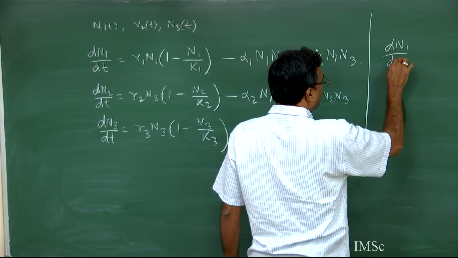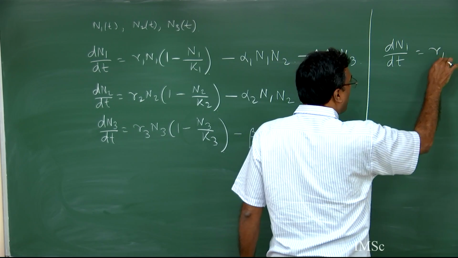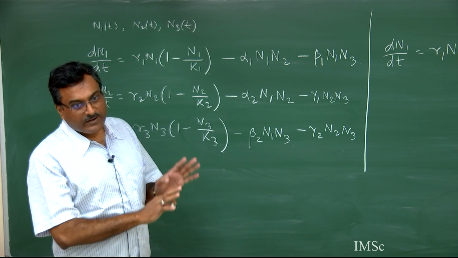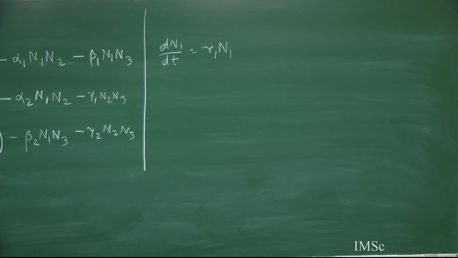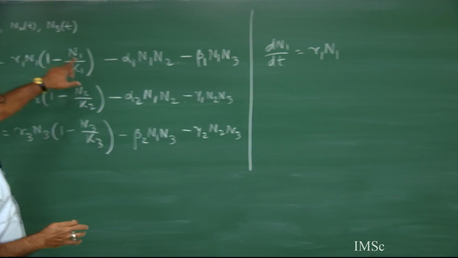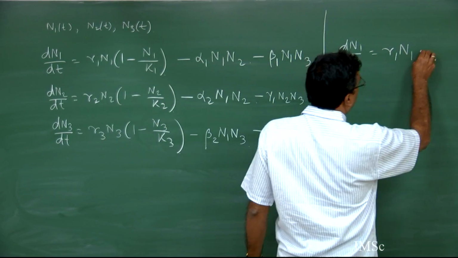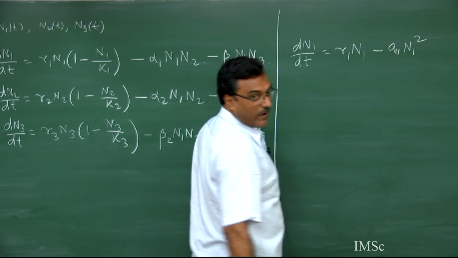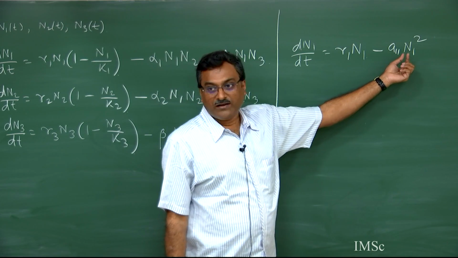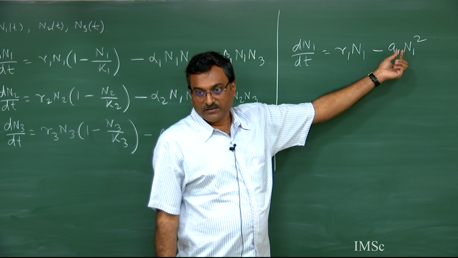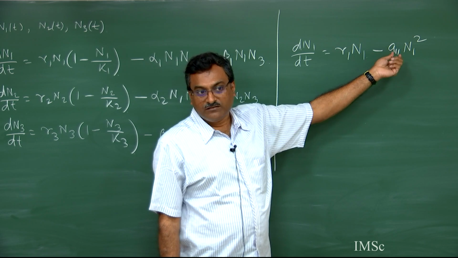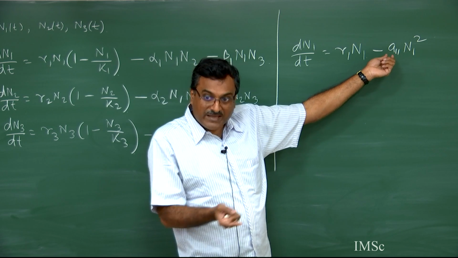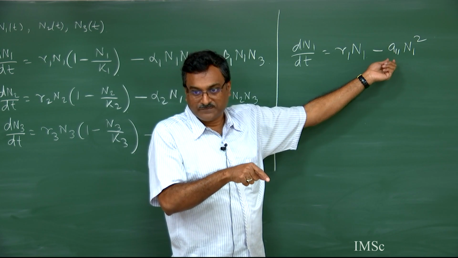So, this equation can be converted as dn1/dt equal to r1 n1. Without loss of generality, we are writing r1 n1 here. Then this term can be modified as minus a11 n1 squared. This represents the strength of competition between individuals of species 1 with individuals of the same species.